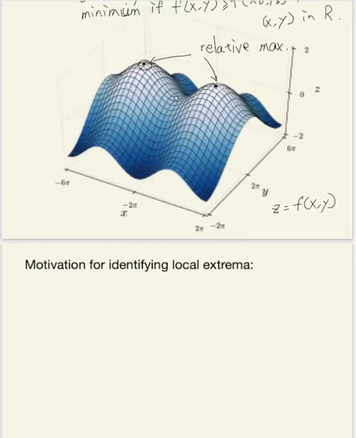All right, and let's consider this relative maximum. If we consider only the trace f of x and y naught, that means we fix the y coordinate, but we vary the x coordinate, and that gives you a trace or a curve, right? Now that curve on the graph will look something like this.